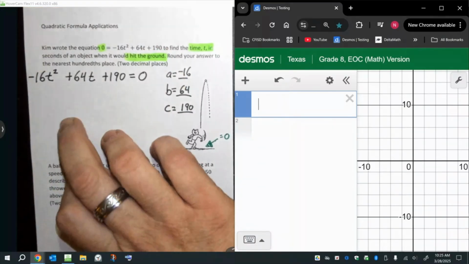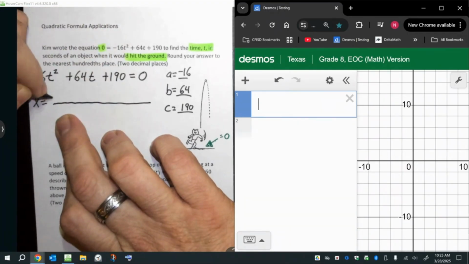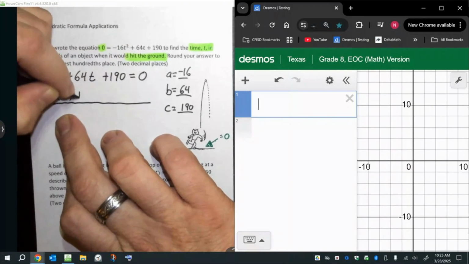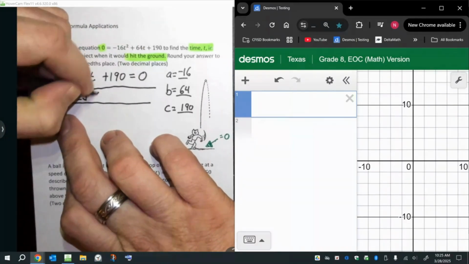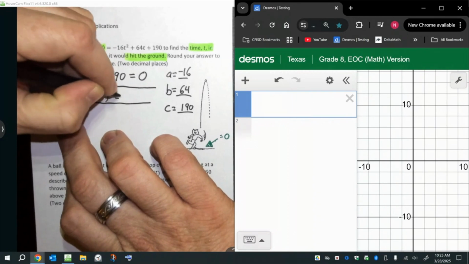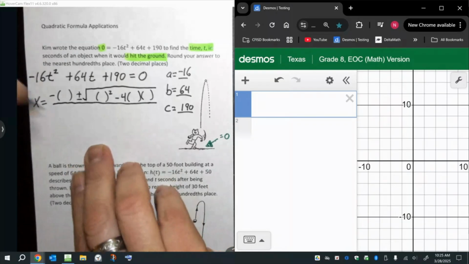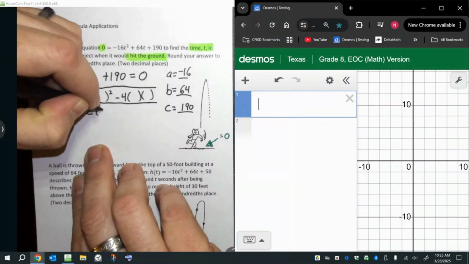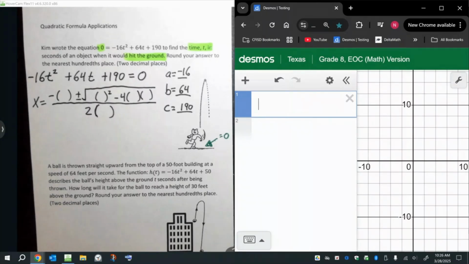All right, so let's set up our quadratic formula. We have negative parentheses plus minus the square root of parentheses squared minus 4, and then two sets of parentheses. All of this is divided by 2 times parentheses.